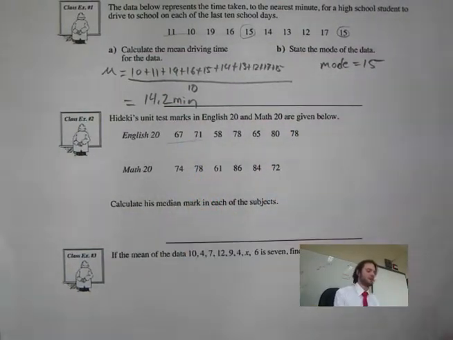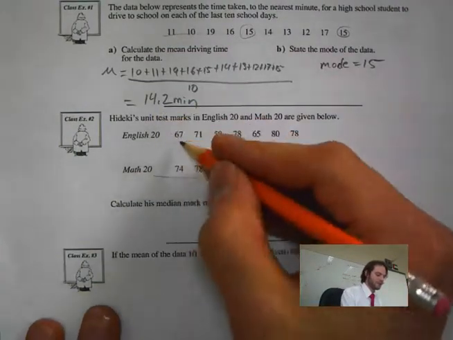Next one says, Heidecke's unit test marks in English 20 and Math 20 are given below. Calculate his median mark of each subject. In order to do median, remember, we must first order from smallest to biggest. Let's first take a look at English.